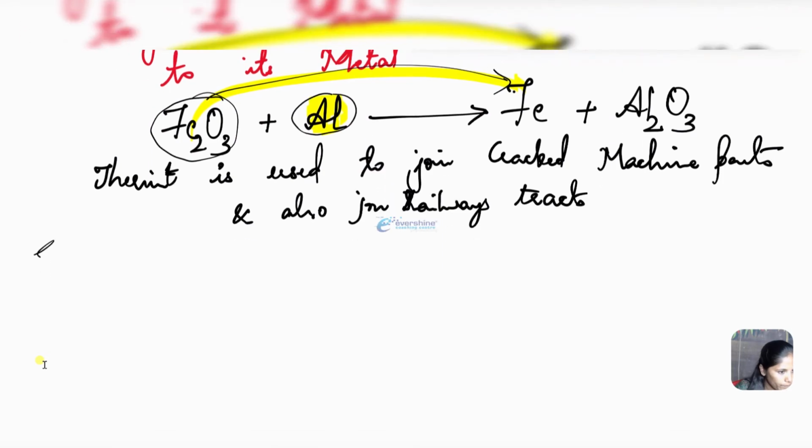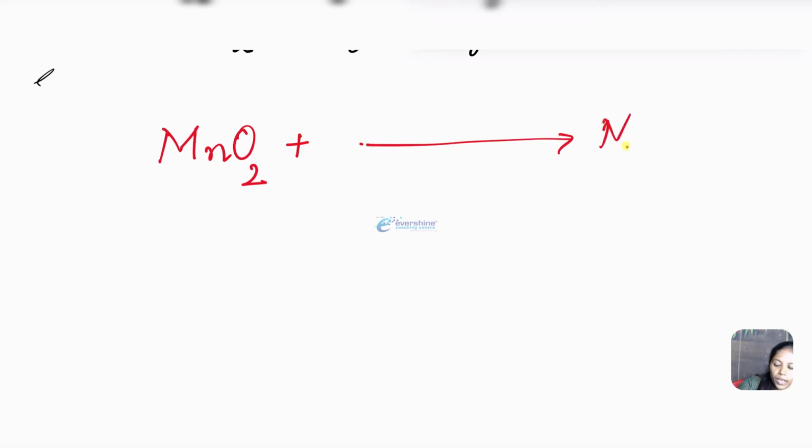Another example, MnO2. MnO2 is manganese oxide. This can be reduced to manganese by using aluminium. Here also aluminium is the more reactive element. When you use a more reactive element, it will reduce metal oxide into metal.